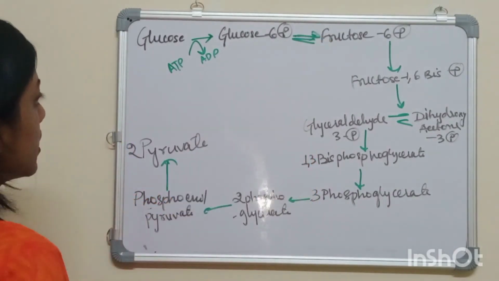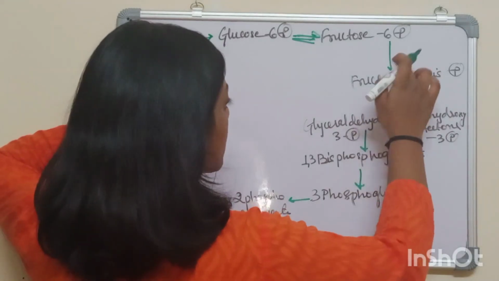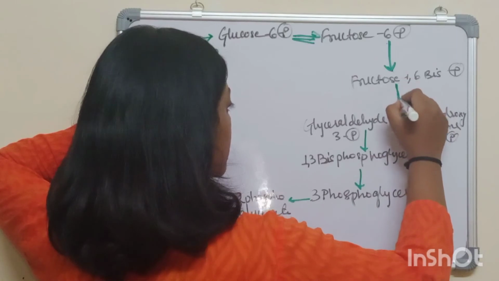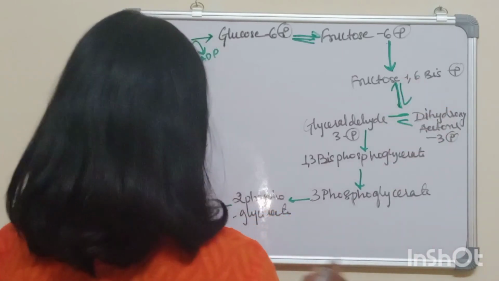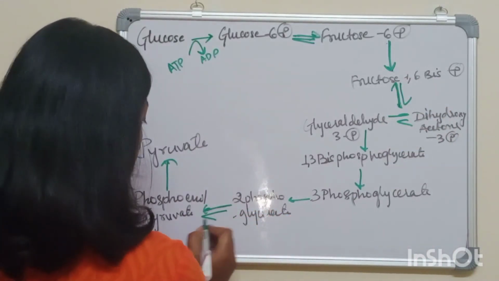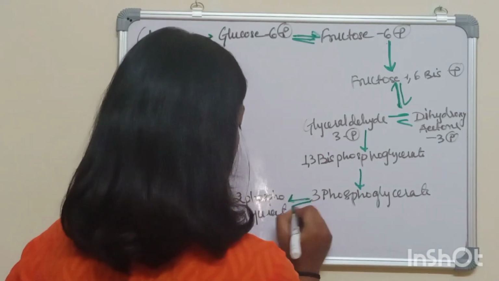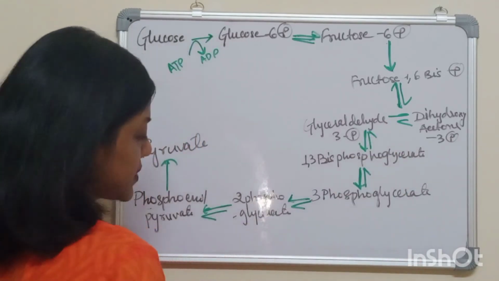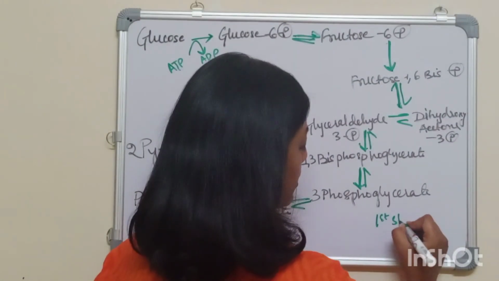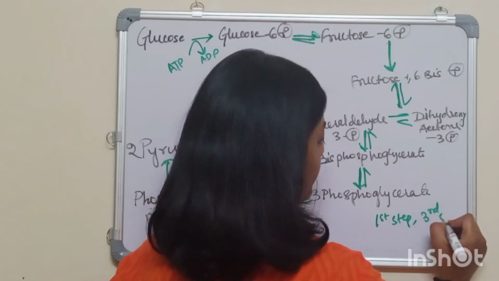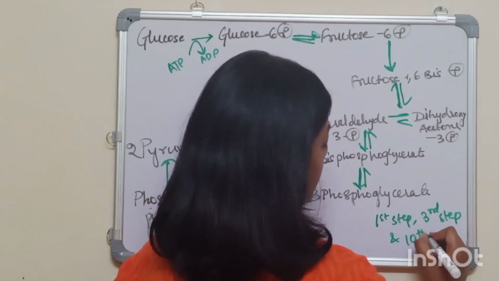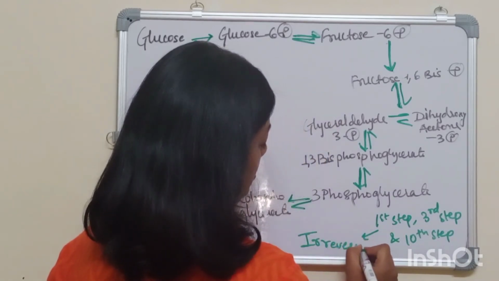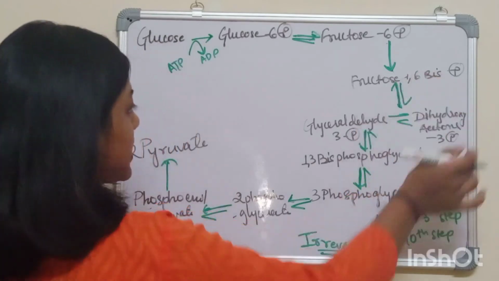Also remember the first step, the third step, and the 10th step are irreversible in nature. Rest all steps are reversible. Which steps did I say? First step, third step, and 10th step are irreversible. Rest all steps are reversible in nature.